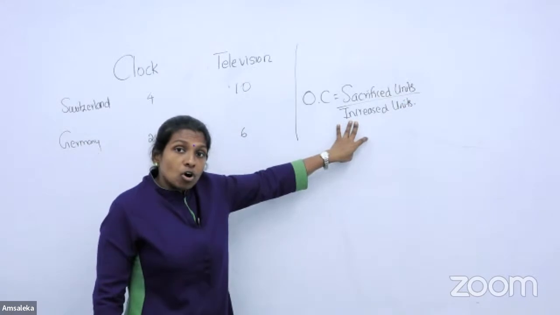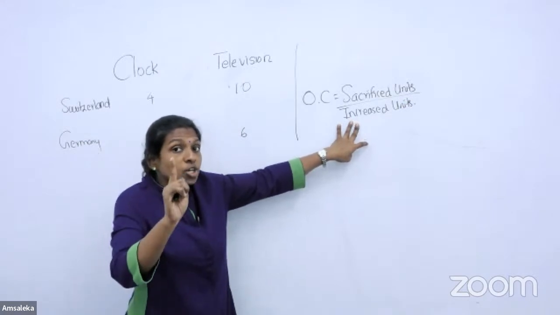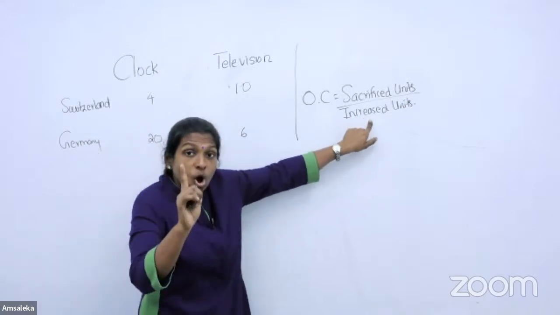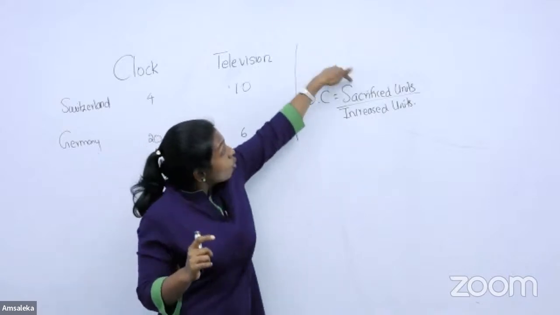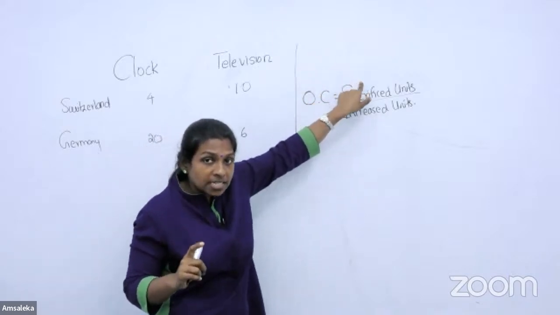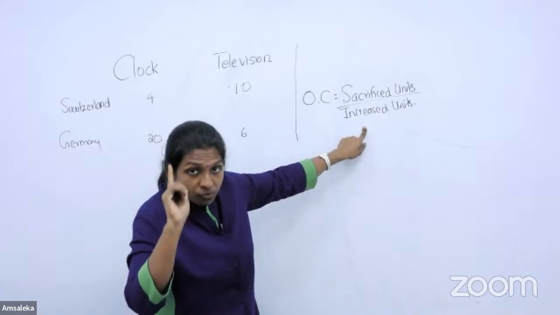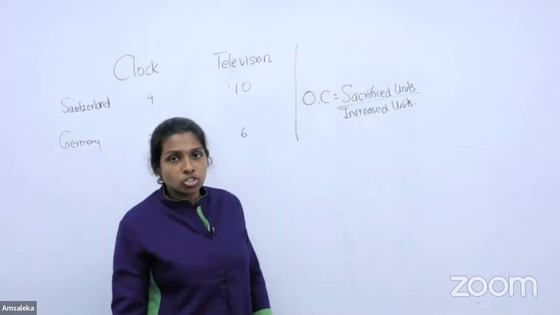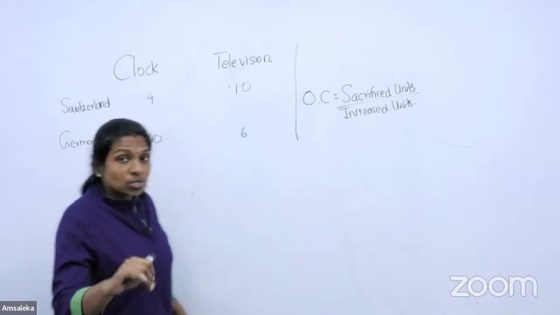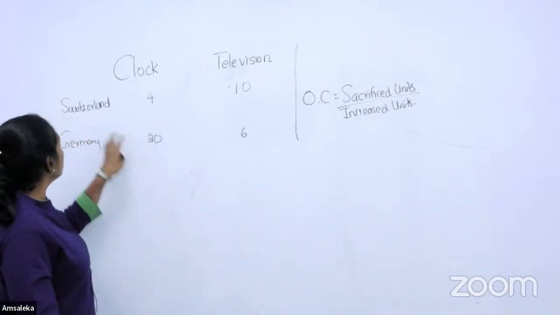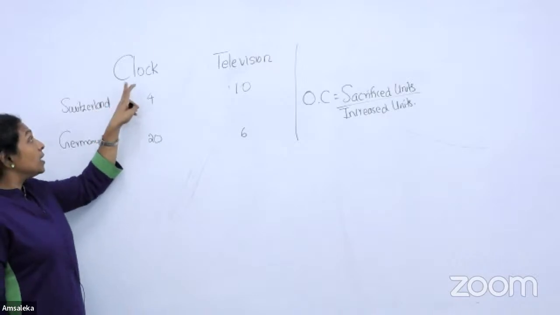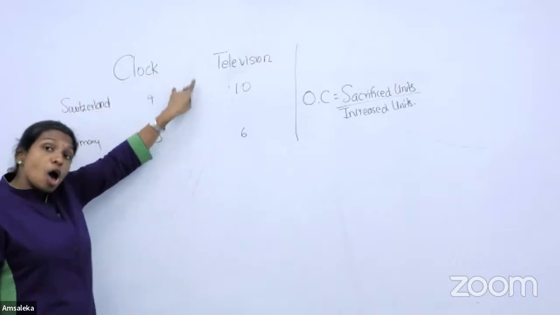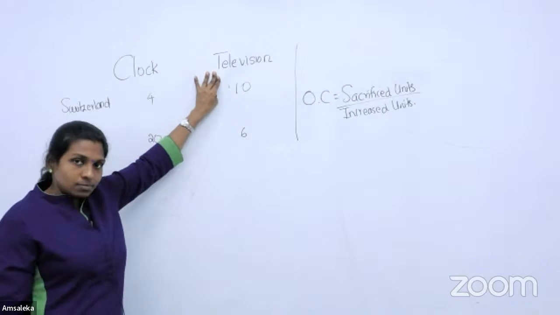The meaning of the formula: in order to increase 1 unit, how many units are sacrificed? That is opportunity cost.